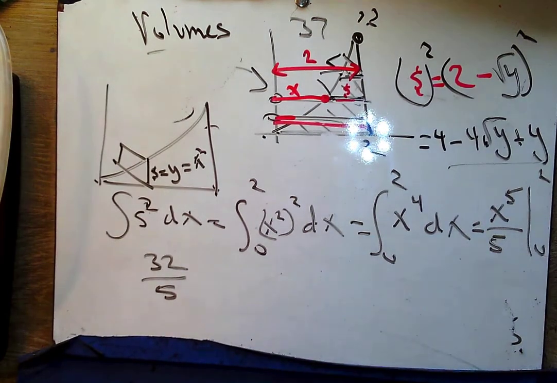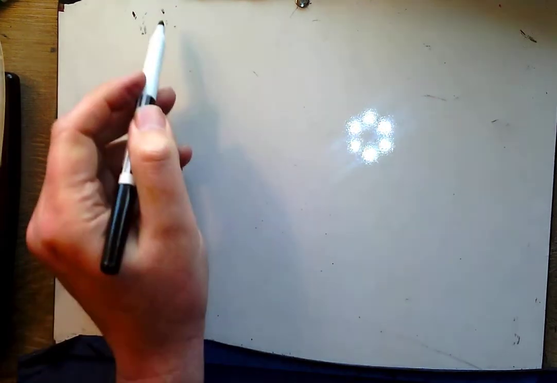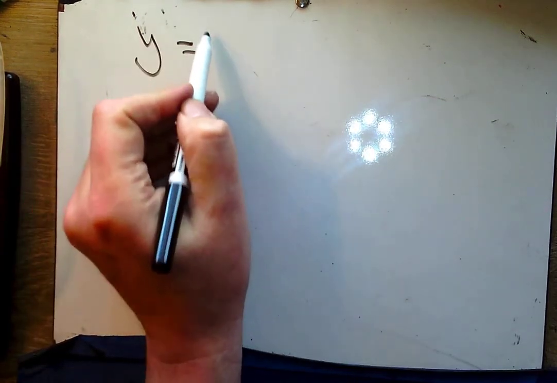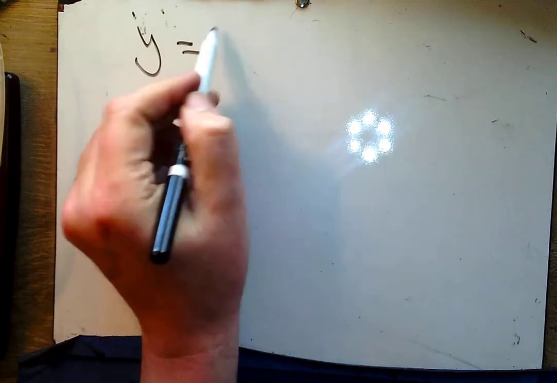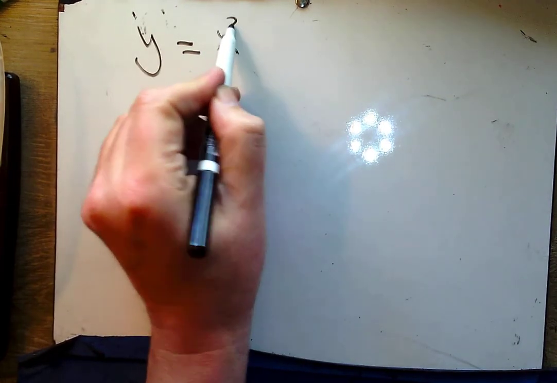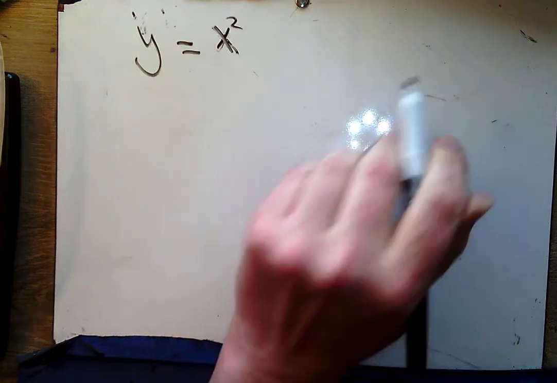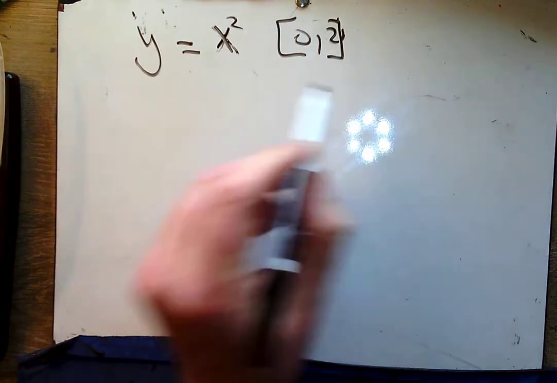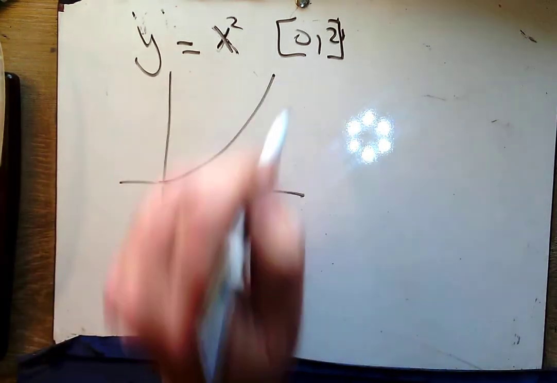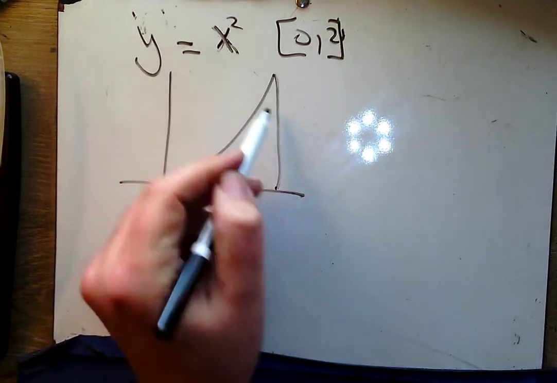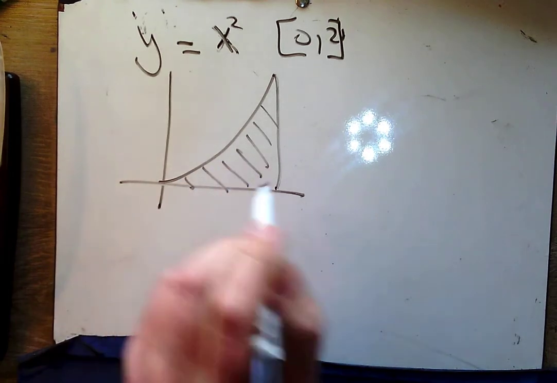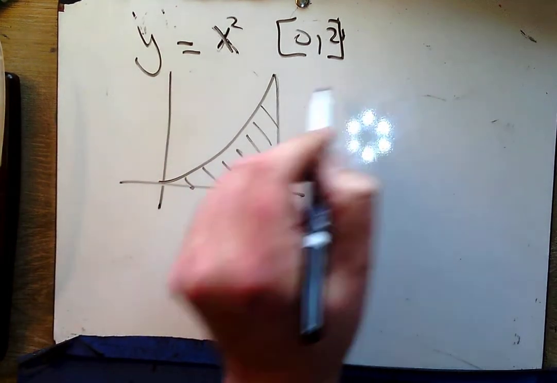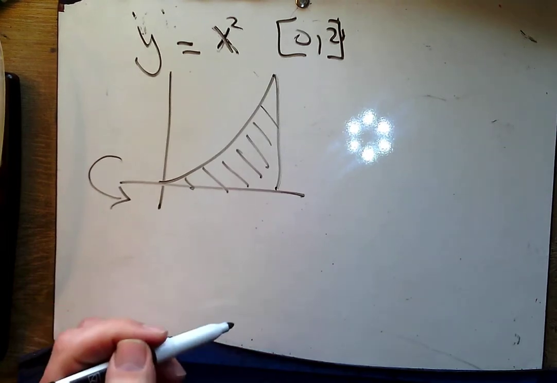So that was 2 days ago. We were talking about cross sections. What about yesterday when we were talking about disks and washers? So if we have y equals x squared on 0 to 2, and I'd like that region rotated about the x-axis.